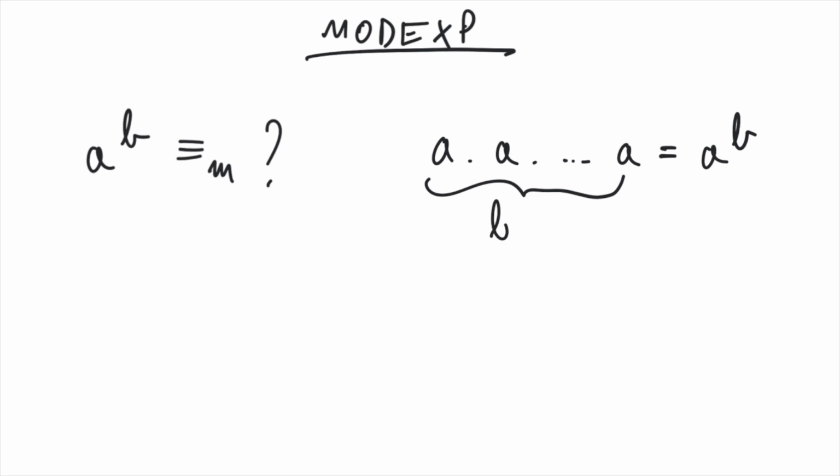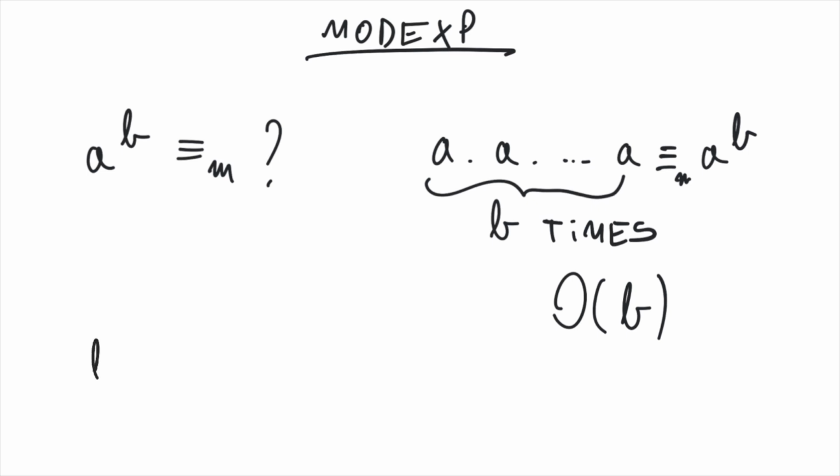So this is just b times. And of course, you can do this mod m. But this would be O of b, and in principle, b can be very large. So how can we do better?